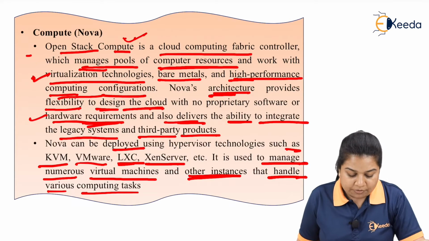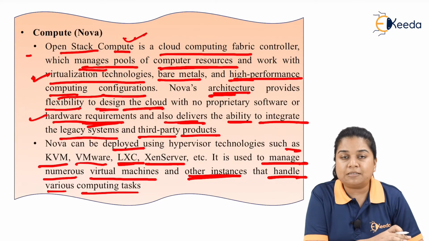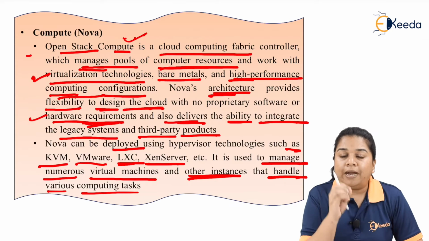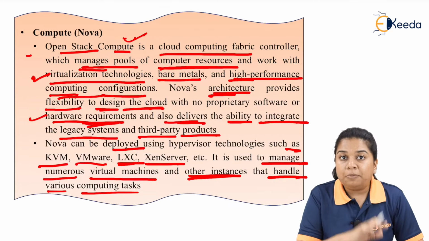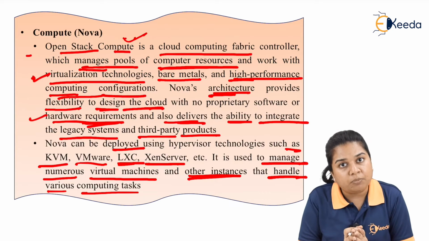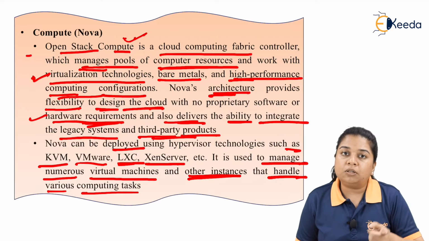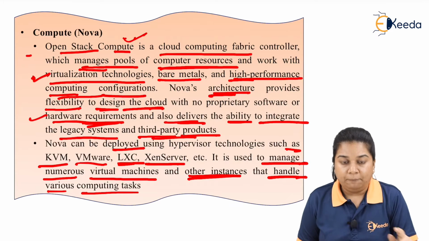And it also delivers the ability to integrate legacy systems. Legacy systems means the systems in which the enterprise is already working, plus the contemporary ones. That means it can create a combination of both, and it can also work with third party products as well.